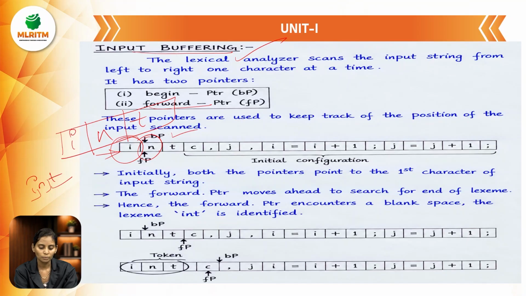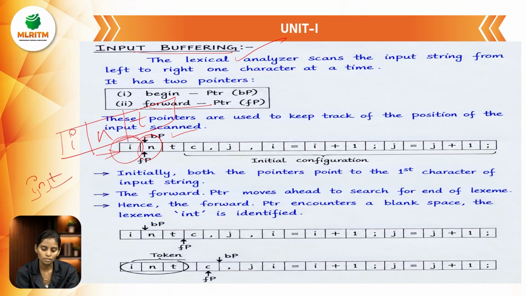BP tells the block from where the instruction is going to start, and FP tells about the next word, letter or character, in which place. It keeps moving from one block to another block.